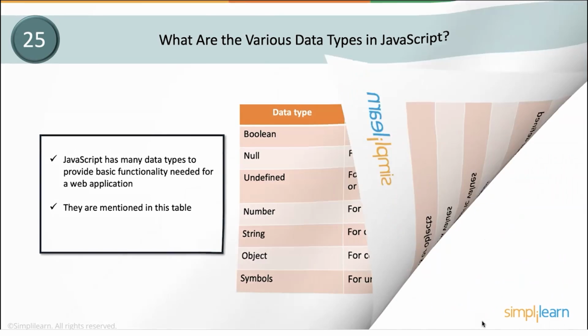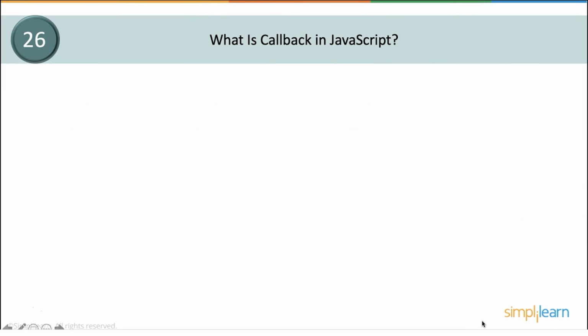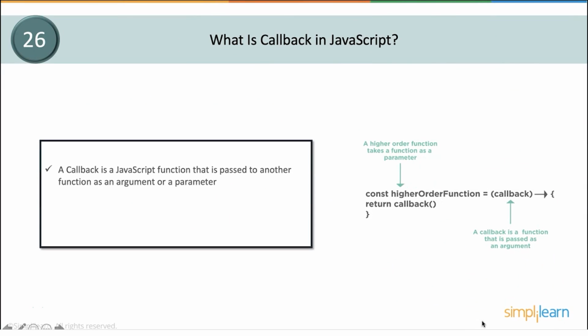Okay. Now, going ahead, what is a callback in JavaScript? A callback is a function that is passed to another function as an argument or parameter. Callback means don't call me, I will call you. Clear? The idea is that you pass the function itself as a parameter to another function, because JavaScript is known to be non-blocking, it never waits for the code to finish.